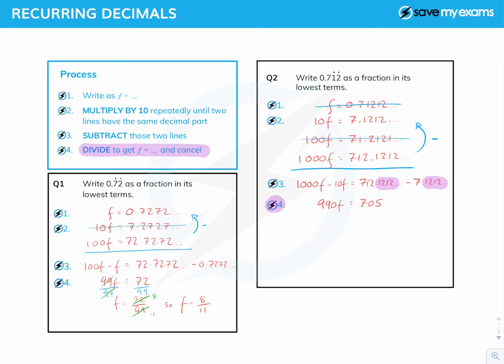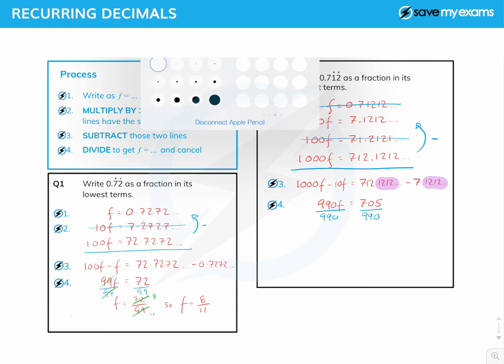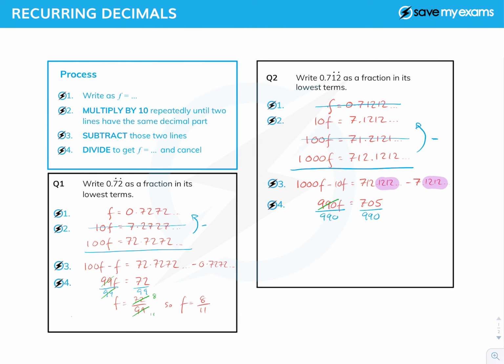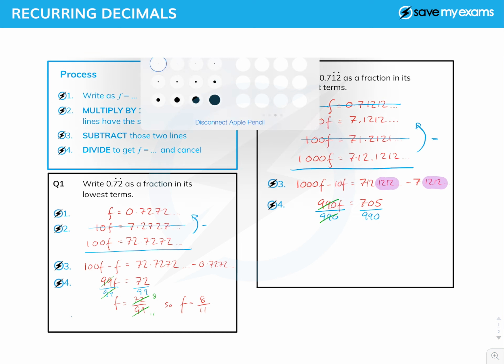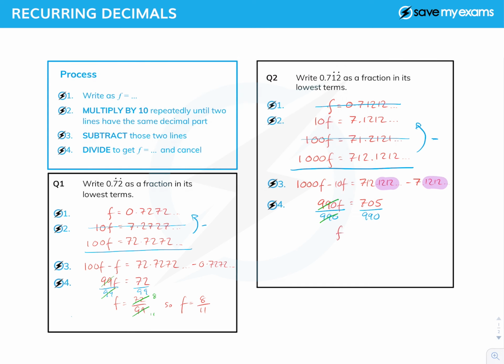And now step 4. Divide to get f equals and cancel. So let's do my dividing. Divide by 990 on both sides. And on the left-hand side, the point of doing that is that the 990s cancel. So I get left with f equals 705 over 990.